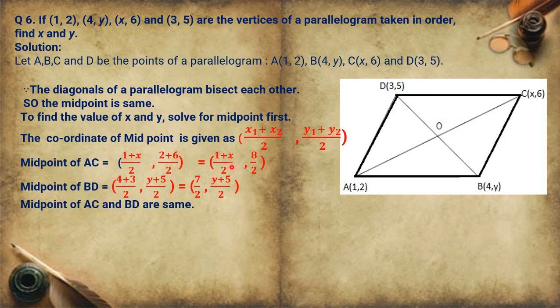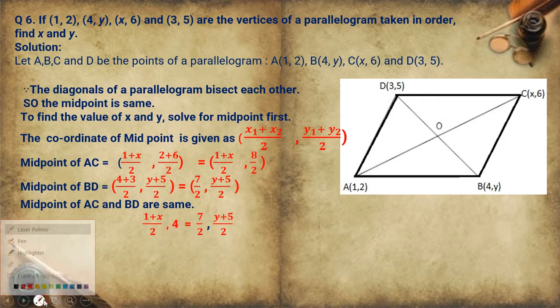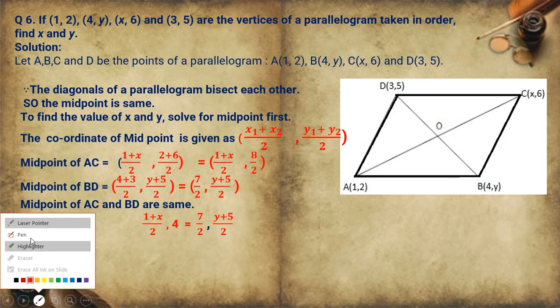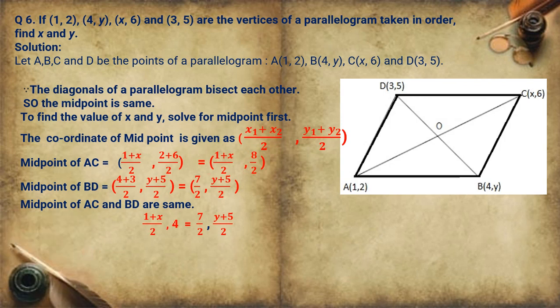So we can say that (1 plus x) upon 2 and 8 upon 2, which you can also write as 4, but let's take it as 8 upon 2 now. We are not solving it yet.